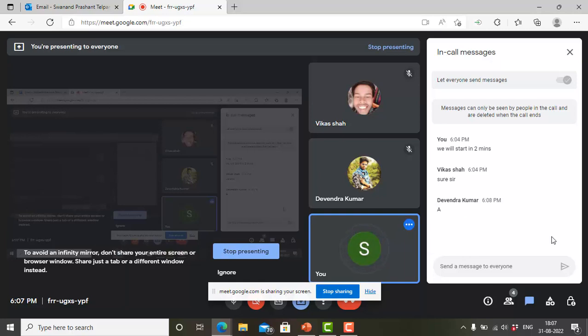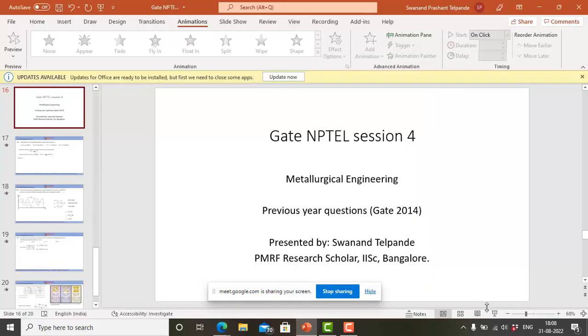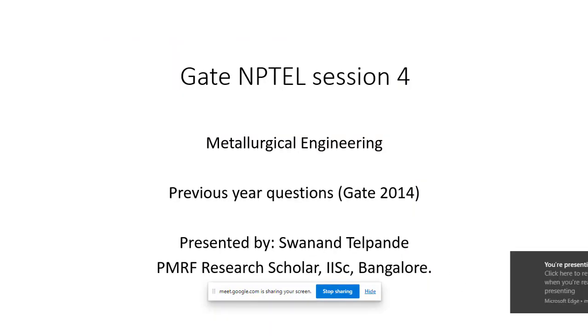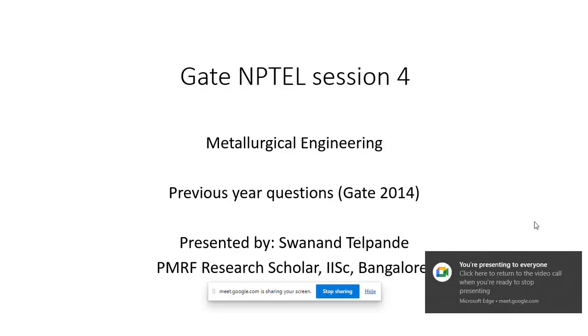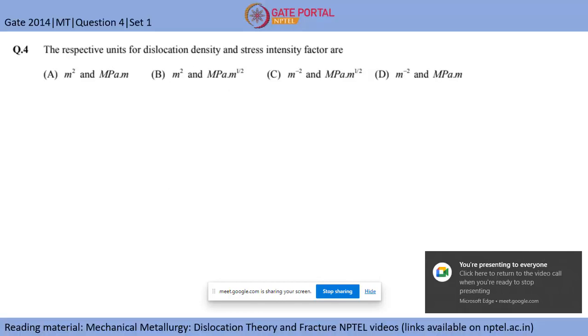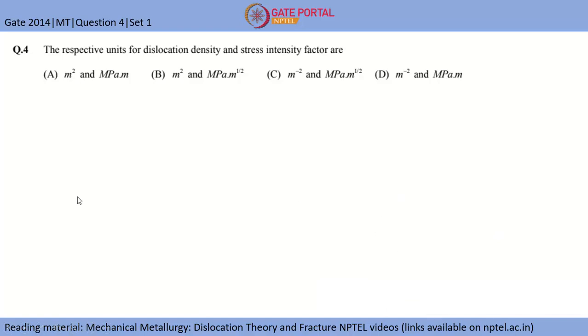Okay, so I will go through the solution now. I have given you enough time to guess it. So again, this is question number 4, GATE Metallurgical Engineering 2014 question paper.